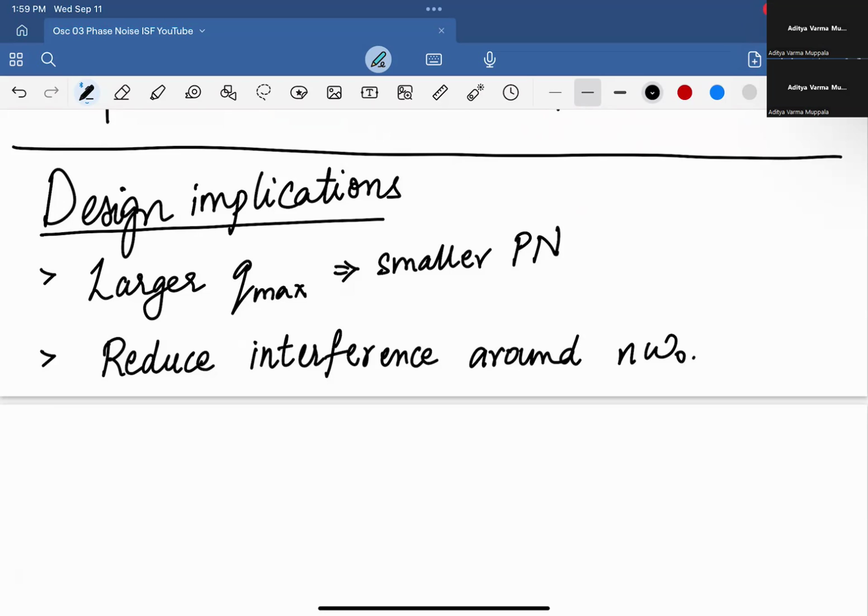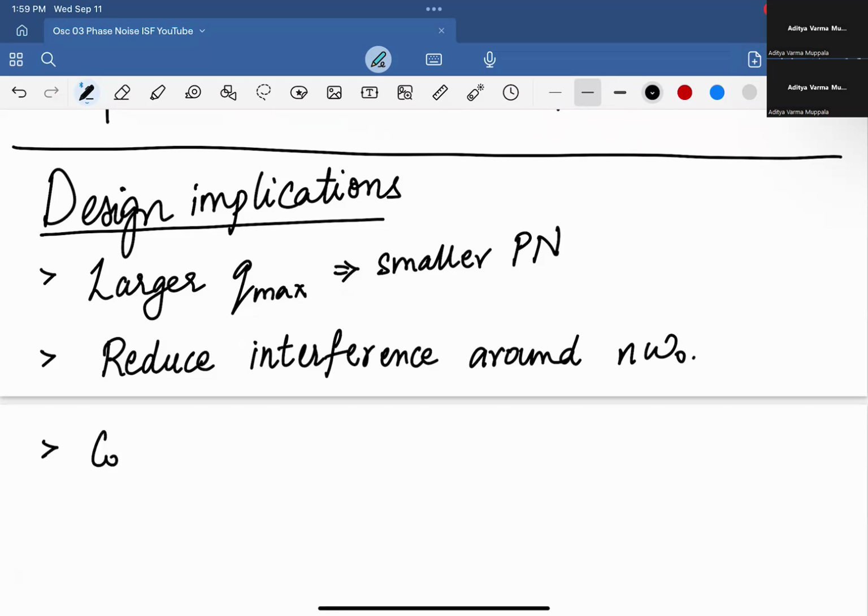So if it's away from the harmonics, it's okay because that gets blunted down when it gets modulated down by the 1 over delta omega term. But if it's close to one of the harmonics, then that gets modulated down directly by the coefficient itself, right? Because delta omega is close to 0 then. So if you can reduce interference signals close to any of the harmonics, that can help.